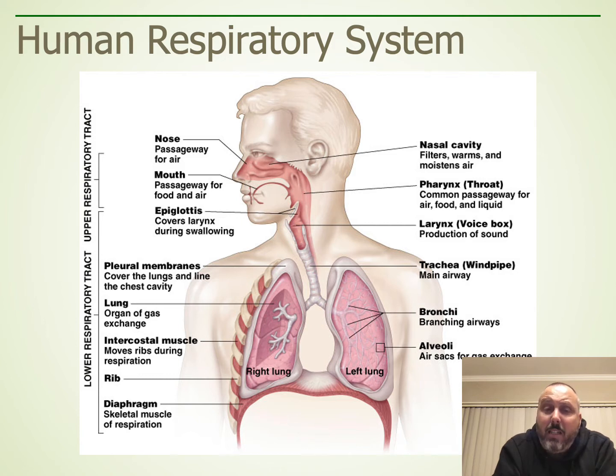And then we move down into the bronchi, so it breaks into the left and the right side, those bronchi, which are just the tubes on the left and the right. Then it breaks down into smaller tubes called bronchioles that aren't labelled there, but it's the secondary branching. And then it moves down to the alveoli, which are at the end of the bronchioles, and that's the place where that gas exchange happens. It's so important for us.